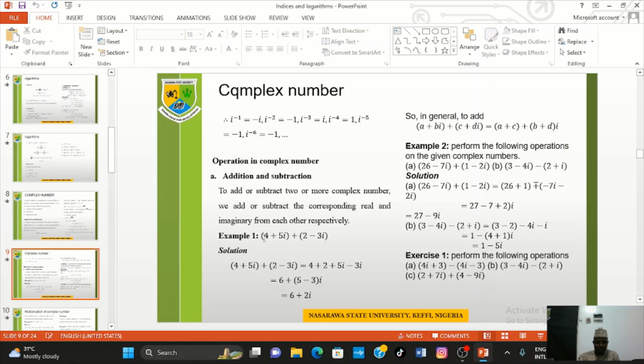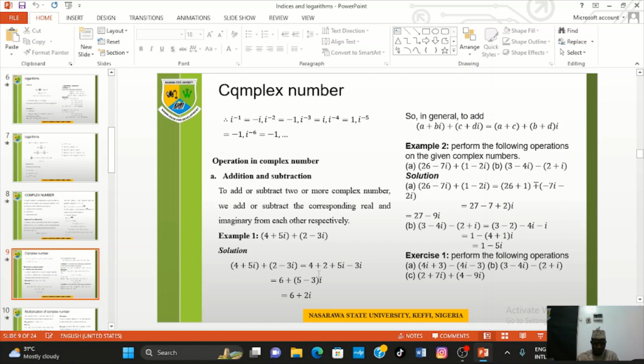Take for instance, if 4 plus 5i, open and close, plus 2 minus 3i, open and close. So as we are adding, we take the corresponding parts of what? The real uniting with the real, and the imaginary going with the imaginary. So we have 4 going to plus 2 and plus 5i going to plus the minus 3i.